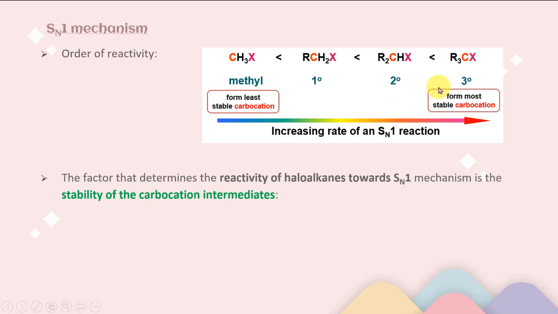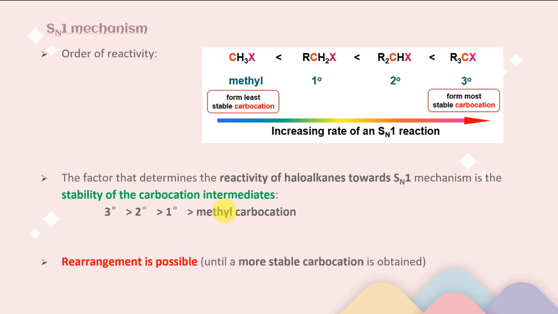As we know, a tertiary haloalkane will generate the most stable carbocation, the tertiary carbocation. For methyl halides, it will form the least stable carbocation, which is the methyl carbocation. So for stability, the tertiary carbocation is the most stable, followed by secondary. Primary and methyl are not so favorable.